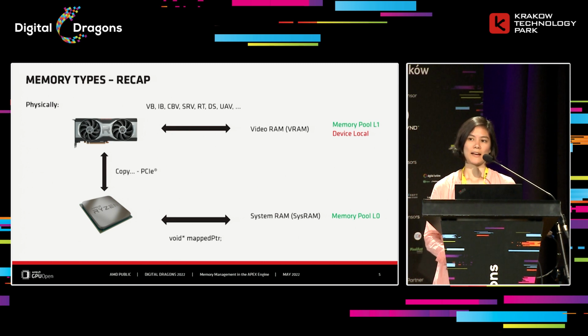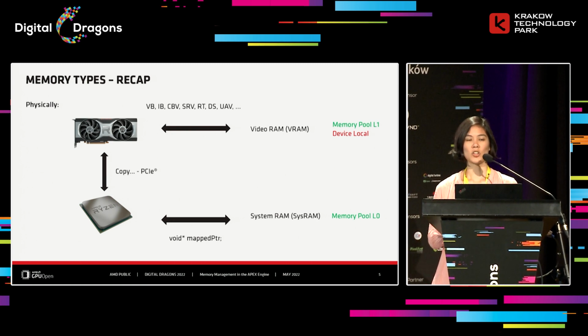And if the GPU accesses system memory, this in turn is quite slow because again, it goes over the PCI Express. Then from the API perspective, these two types of memory are sometimes referred to as memory pool L1 or device local for video memory, and then memory pool L0 for system memory.